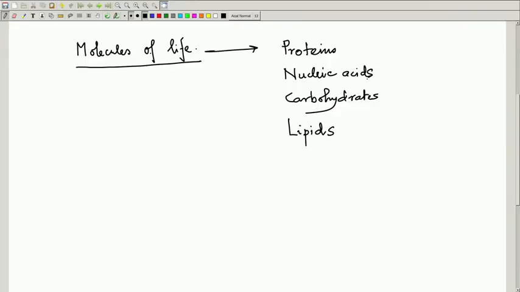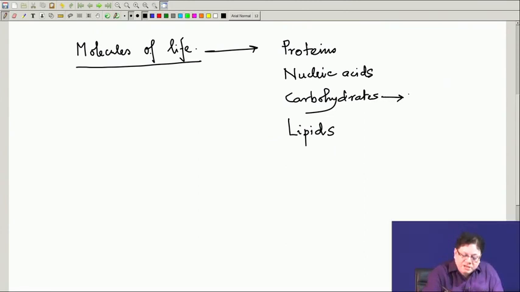They have building blocks which combine with each other and finally form the proteins. Same is true for nucleic acids. For carbohydrates, again we have building blocks which are called monosaccharides. For lipids, there are different types.